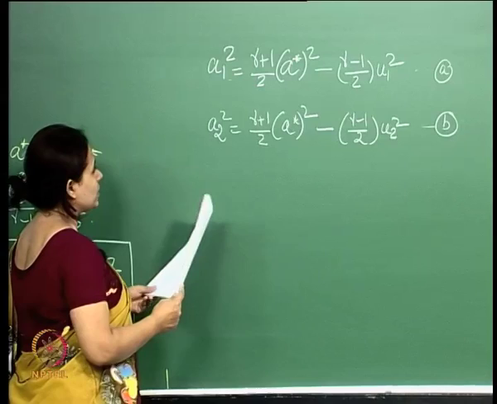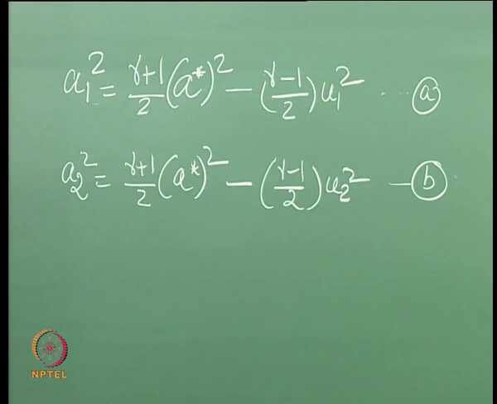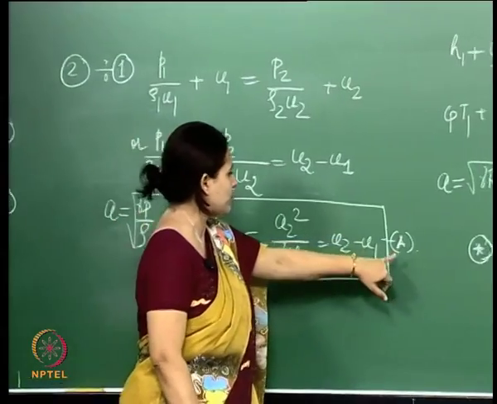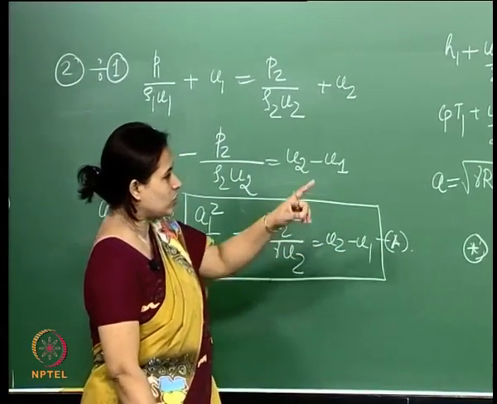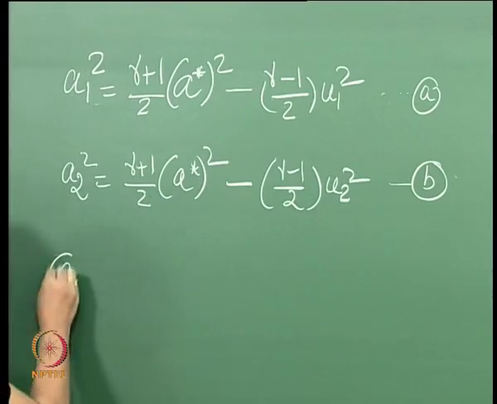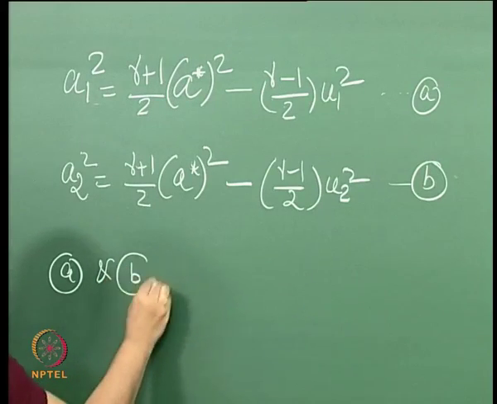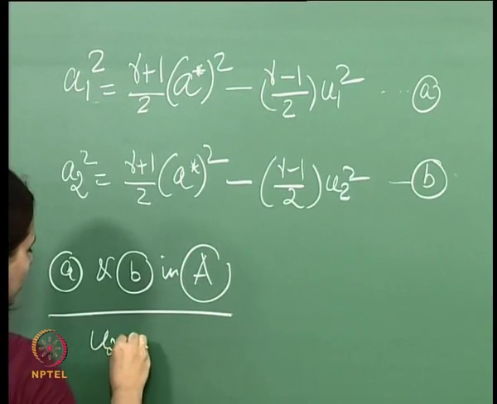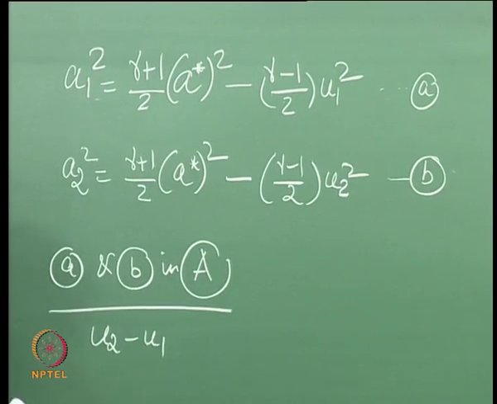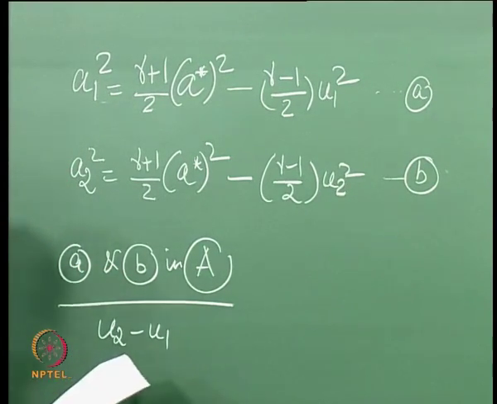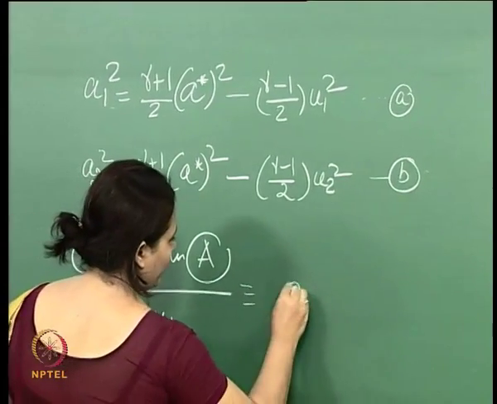Okay. So, what we will do is use these two in the relationship over here. This is the relationship which we had developed first, which I denoted by A. So, we will input these two expressions in A and divide that by U2 by U1, and what we get from there is this.